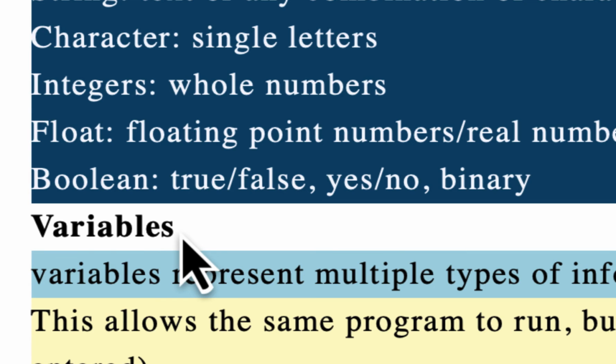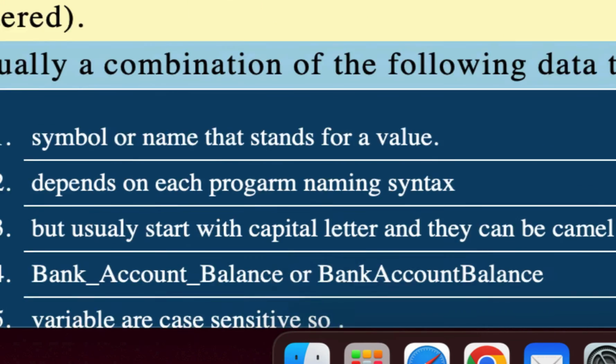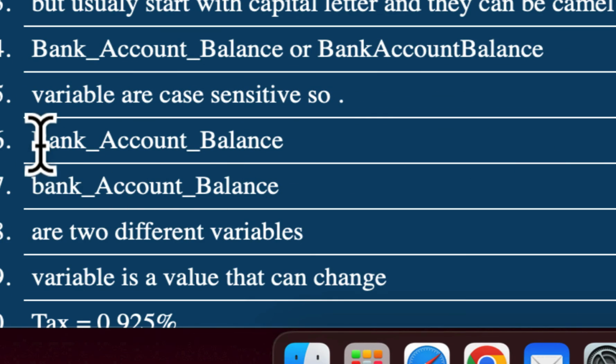You can put any name that you want, it doesn't make any difference, but it's much easier for you or the next programmer to follow. Variables are usually written in camel case. What does that mean? For example, the bank account balance: B is a capital letter, the next word, account, starts with a capital letter, and balance is capital too.